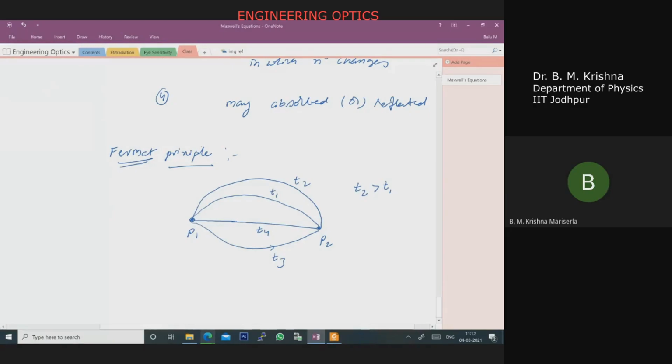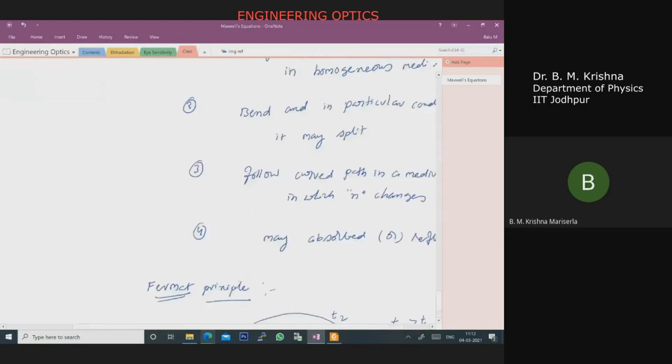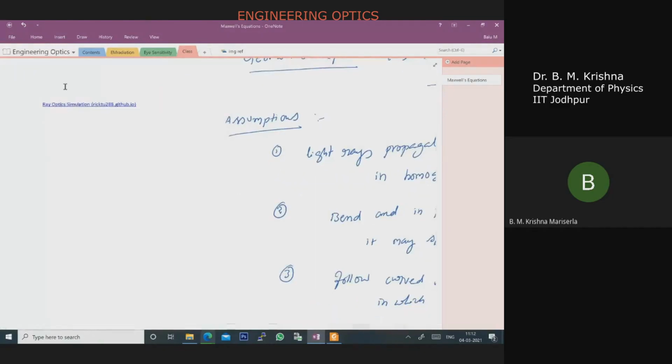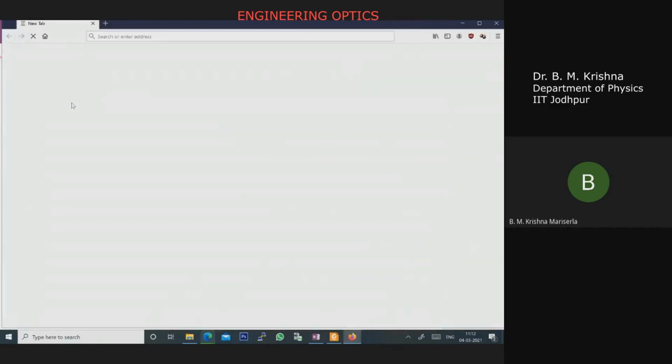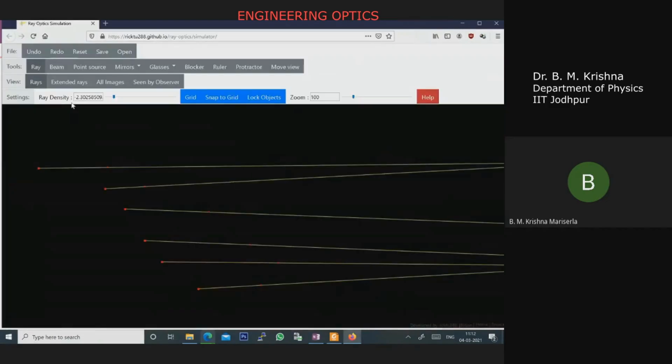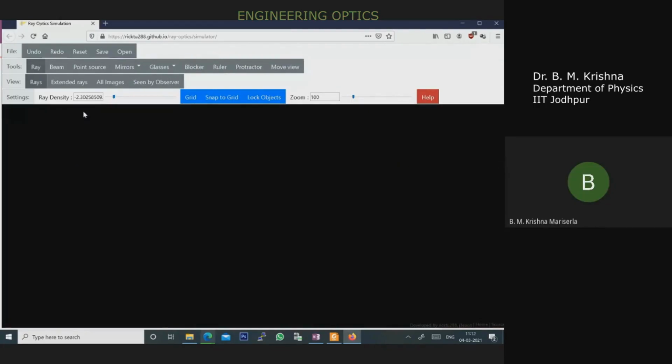Okay, so for that we will go to one of the simulators, the ray optics simulation. I'm just opening it. You are able to see, right? Yes, sir. Okay, so now I'm taking a ray.